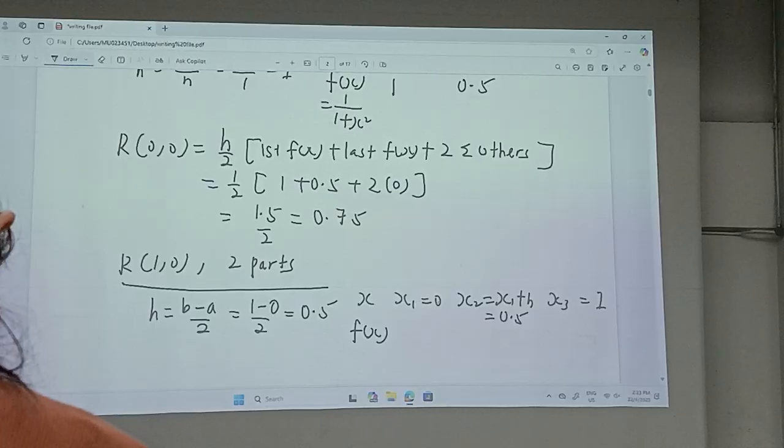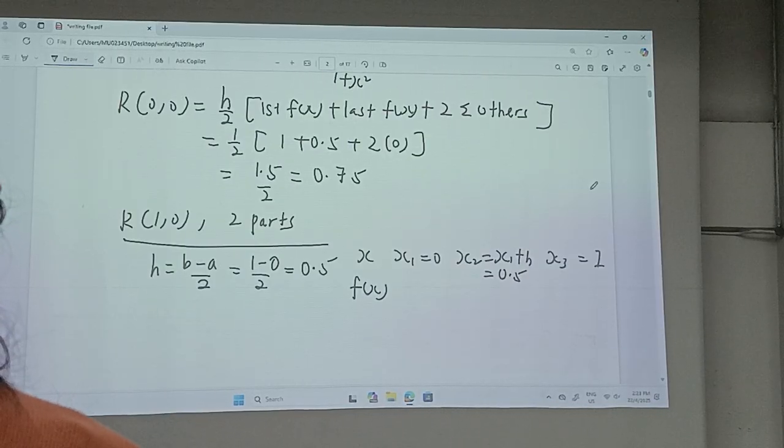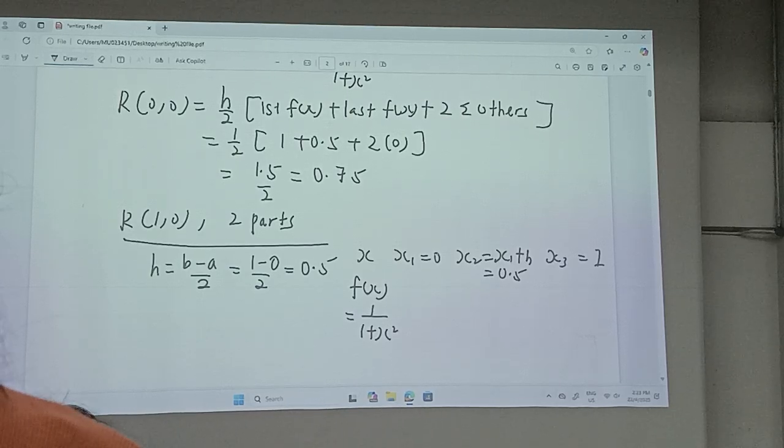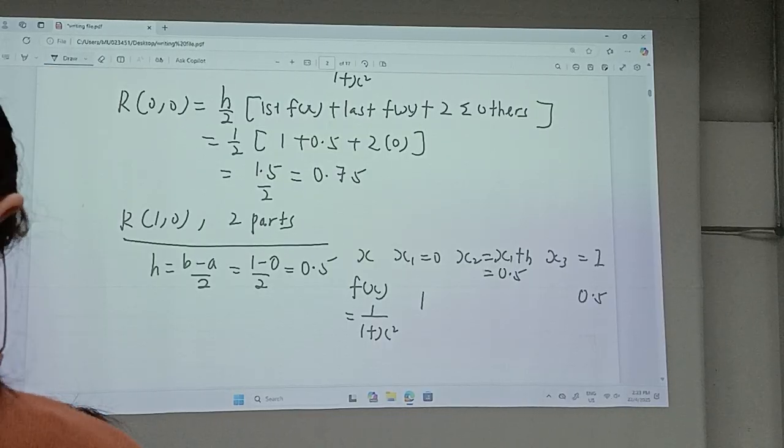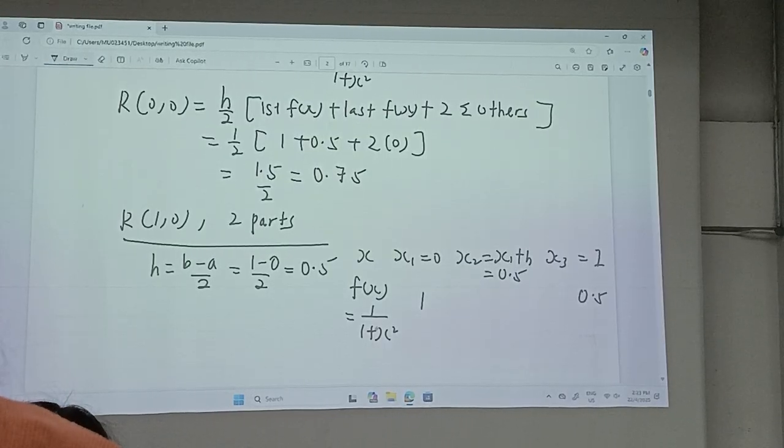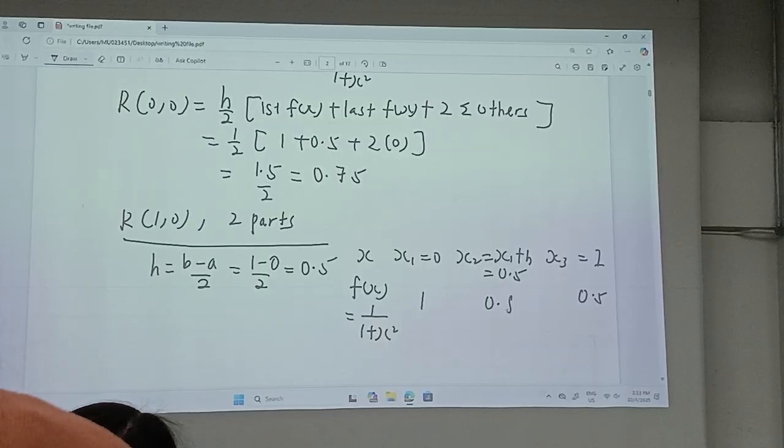Okay. So our function is 1 over 1 plus x squared. So when x equal to 0, it will be 1. When x equal to 1, it will be 0.5. When x equal to 0.5, it will be 0.8, right?